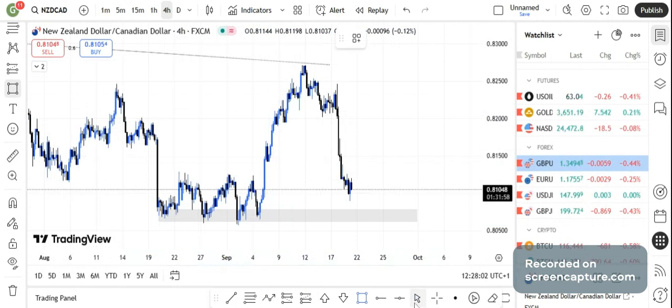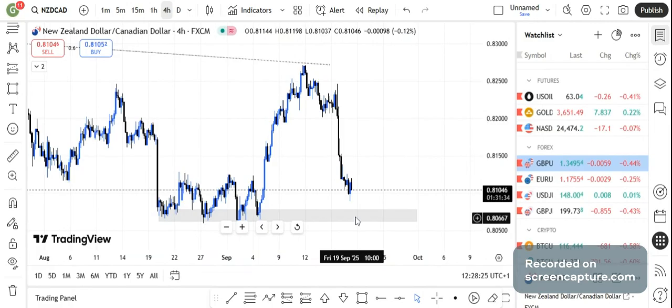So now, what do we expect? Since we're on a bearish trend, if you want to take a trade, what I mostly advise is that you always wait for price to get to our zone. You should always expect price to get to this support. Since we're on a downtrend, we look for a selling opportunity, right?